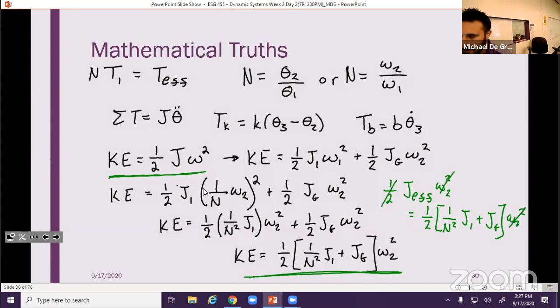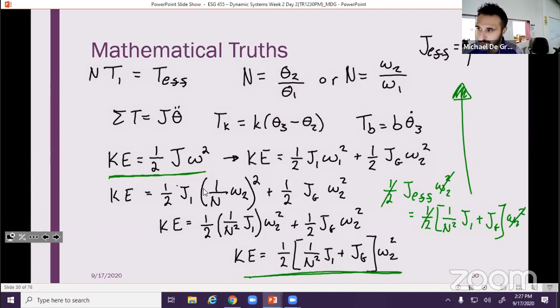These cancel. I'm left with J effective. What was the inertia of that gear that we were talking about? It was an ideal gear. What was the inertia? That's right, Zach, 0. So that goes away. So it turns out for this system, the effective J is 1 over n squared J1.